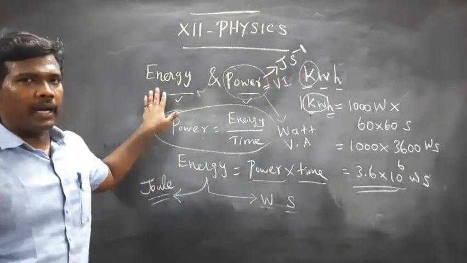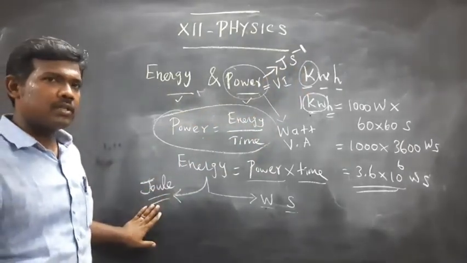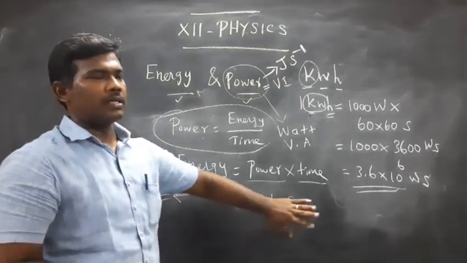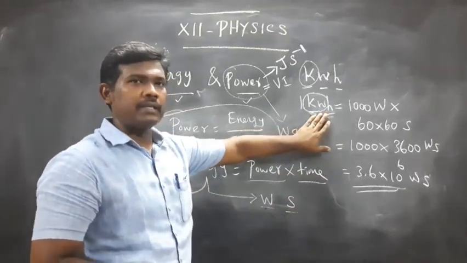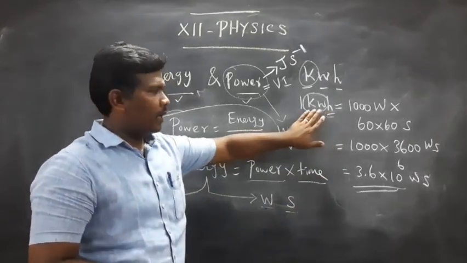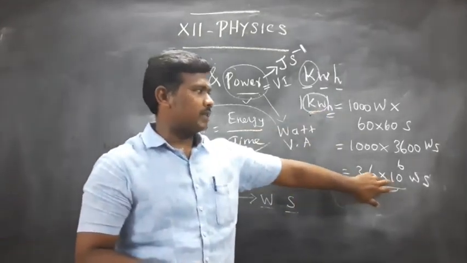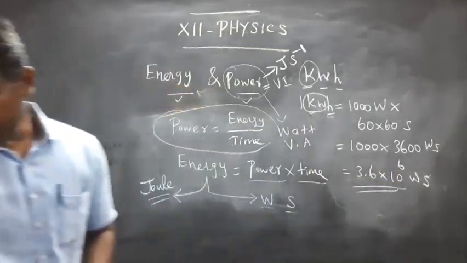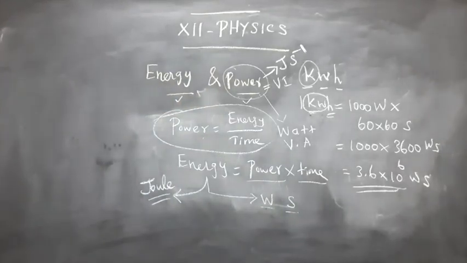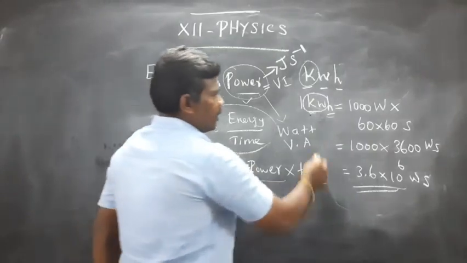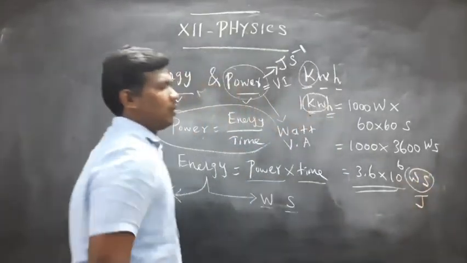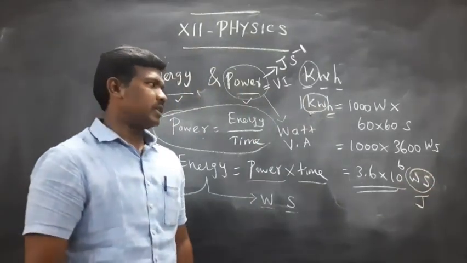The SI unit for electrical energy is joule, and an alternative unit we can use is watt second, but commercially the unit for electrical energy is kilowatt hour. 1 kilowatt hour is equal to 3.6 into 10 power 6 watt second, and this value we can write as 3.6 into 10 power 6 joule.